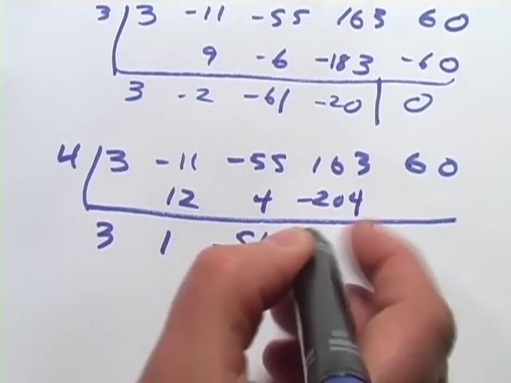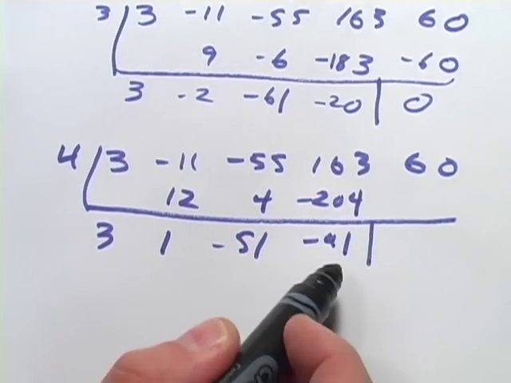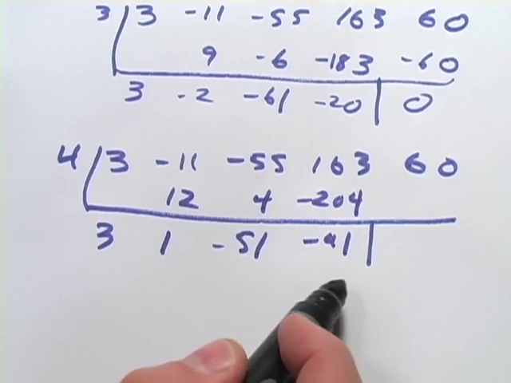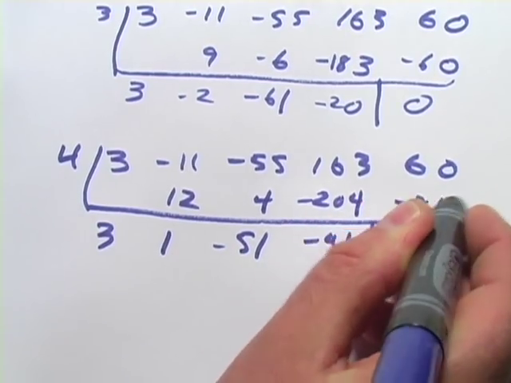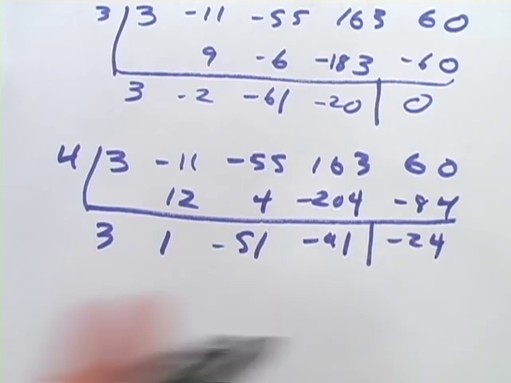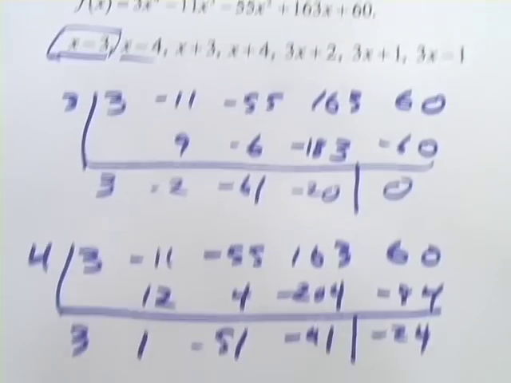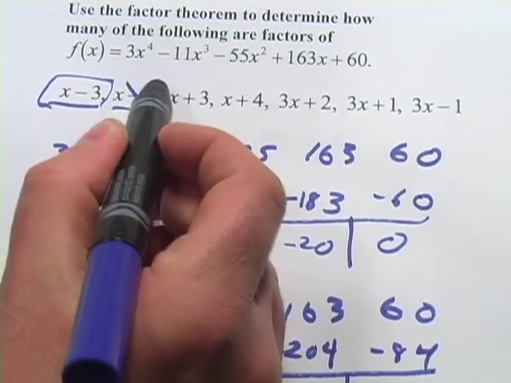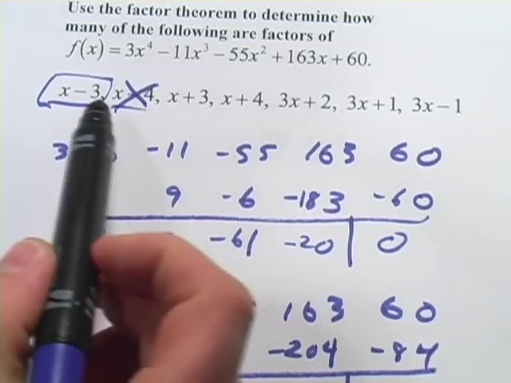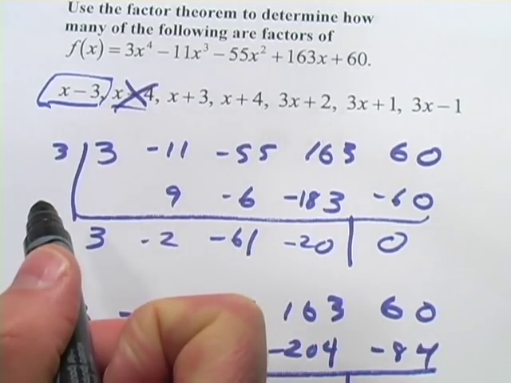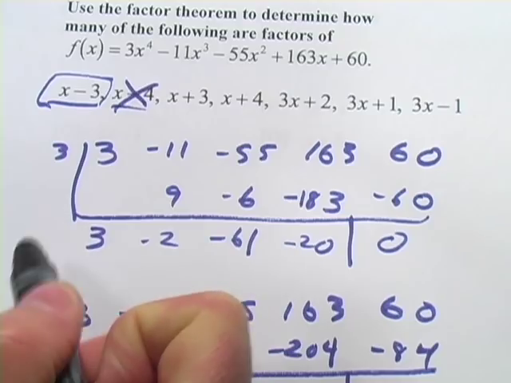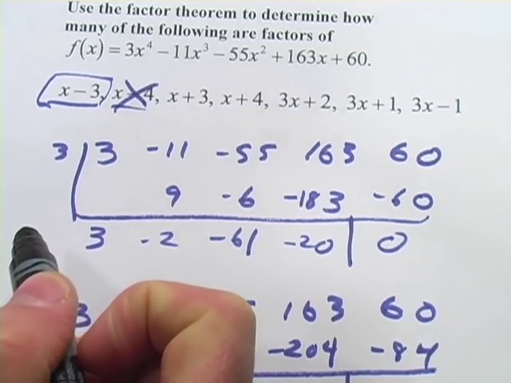That's -41. You can see this one's not going to work out, so 4 times -41, that's -164, so you actually get -24 here. Since there is a remainder, x minus 4 is not a factor. And then you simply work your way through the list, testing all of these. So that's a little bit about using the factor theorem.